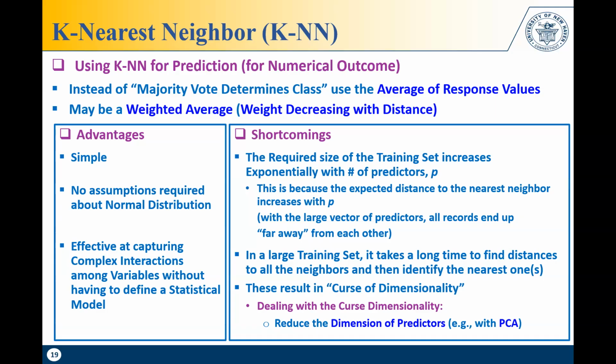And in a large training set, it takes a long time to find the distance to all the neighbors and then identify the nearest one or nearest ones. But this results in the curse of dimensionality. It means that we need to deal with the high dimensionality. But fortunately, we can reduce the dimension of predictors using the PCA method that we learned before, but still it's one more step that we need to deal with.